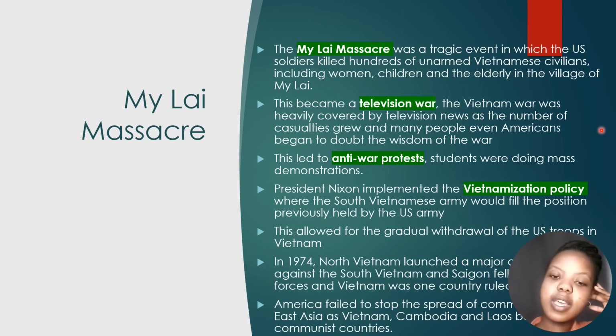Remember, Saigon was the capital city of South Vietnam. Saigon fell to communist forces, and Vietnam was one country ruled by communists. In this case, it is evident that America failed to stop the spread of communism in Southeast Asia, as Vietnam, Cambodia, and Laos became communist countries. I hope that makes sense.